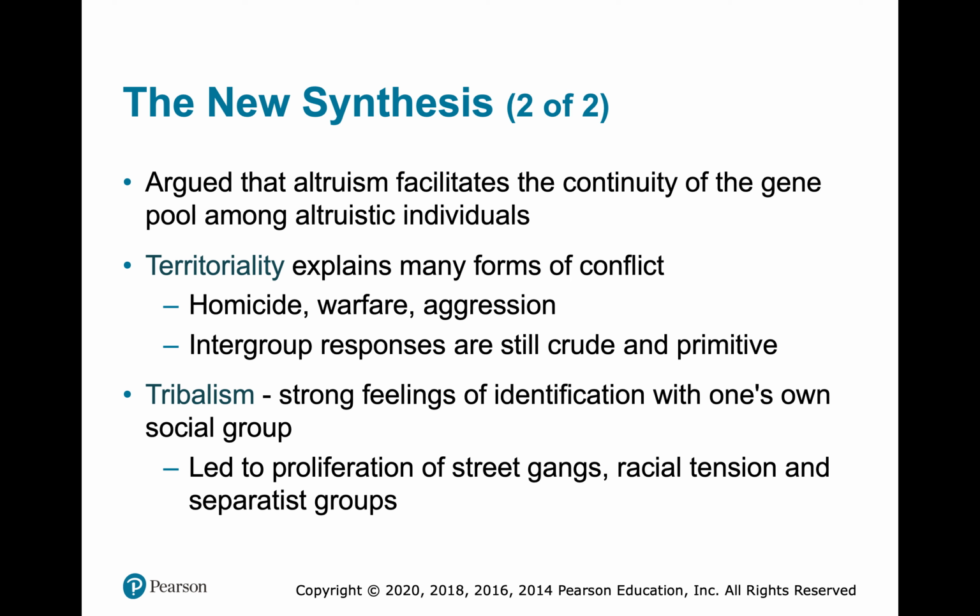He also says that territoriality explains many forms of conflict, homicide, warfare, and aggression, because intergroup responses are still crude and primitive. And he also says that this plays a role in tribalism. That's our strong feelings of identification with our own social group. And this has led to the proliferation of street gangs, racial tension, and separatist groups.